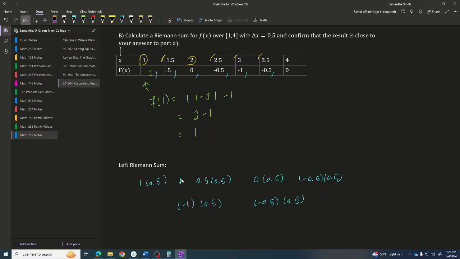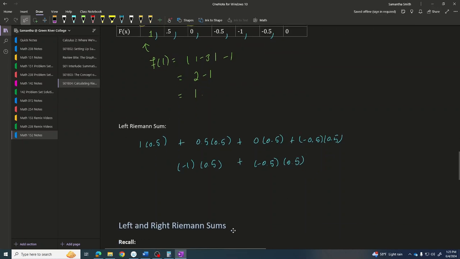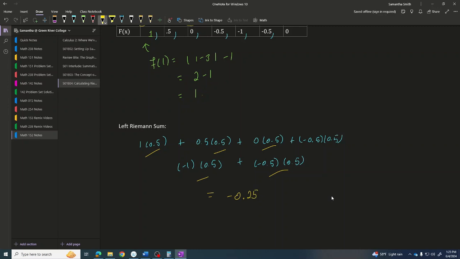Then I'm going to add together all of these areas of rectangles attached to my function. Let's add up these values, giving me negative 0.25. That would be the value that is estimated from a left Riemann sum.